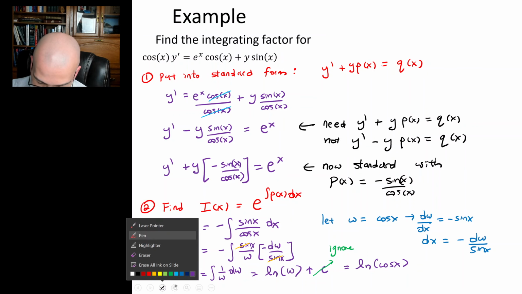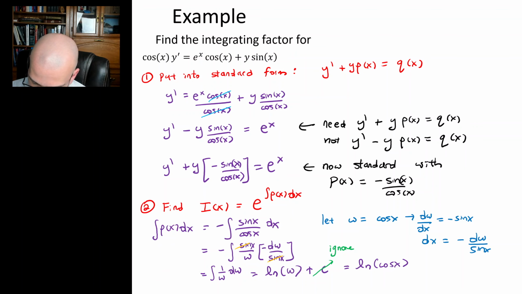Thus, our integrating factor is e to that power, e to the power of that function, the e and ln cancel, and we get something very compact and innocent looking, just cosine of x. That's our answer.